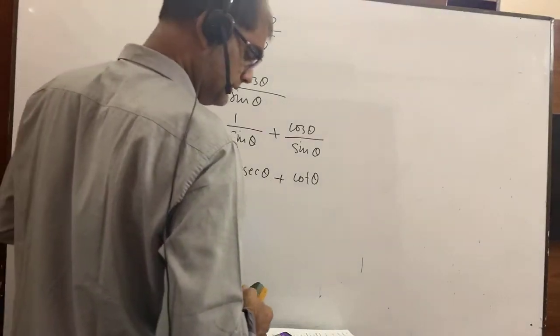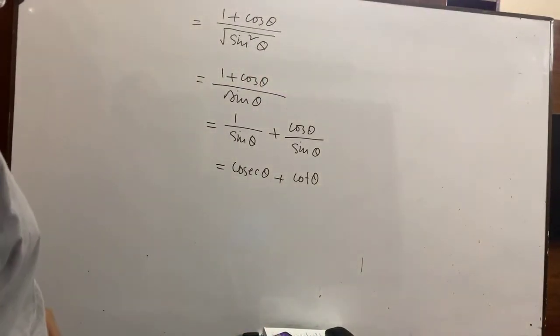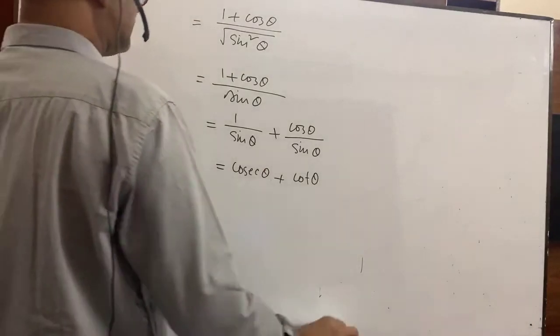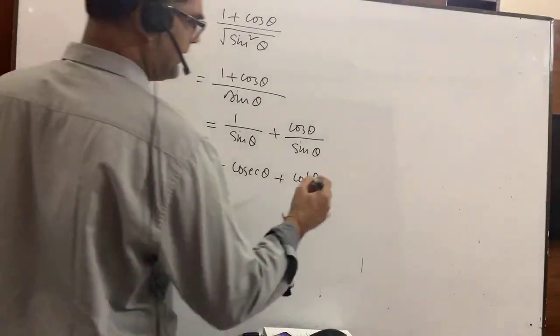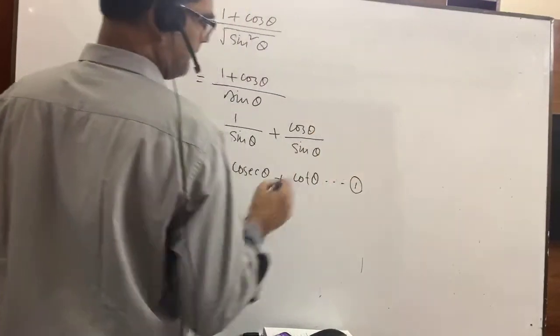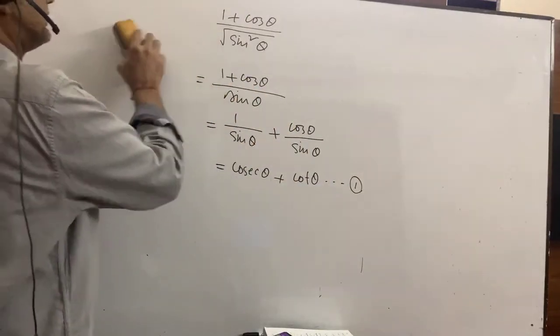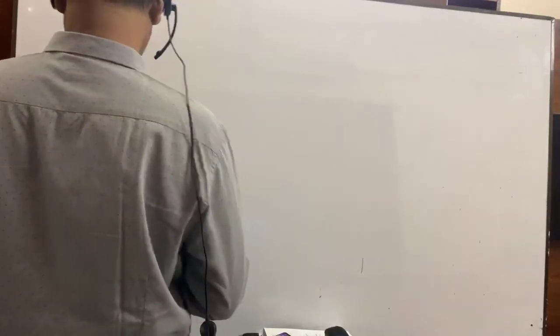Again, our math is not yet done. There is a right hand side, and let's see what is given in the right hand side. Okay, we keep it up to this and we can make it as by 1. Now go to the right hand side. Right hand side, what is given here?